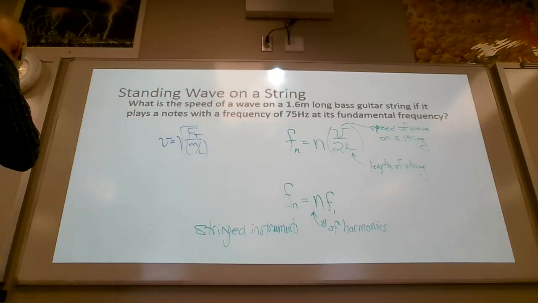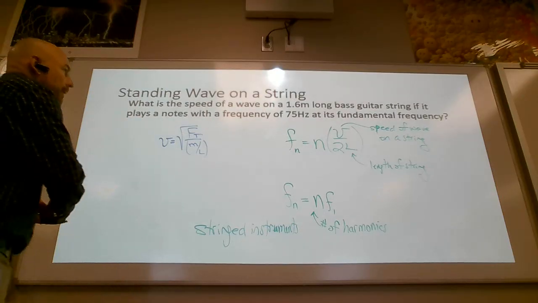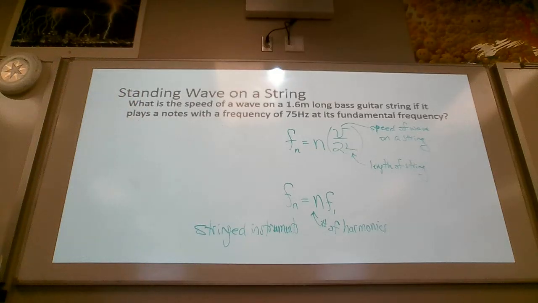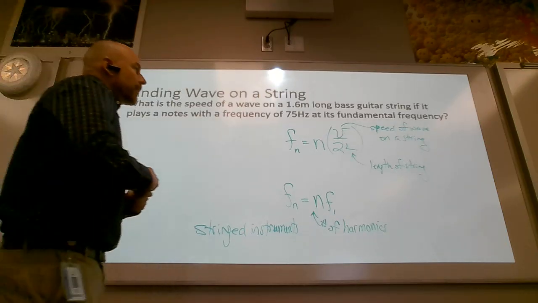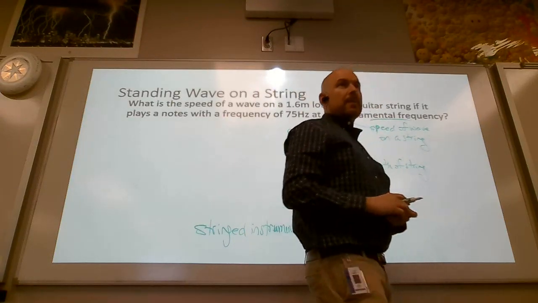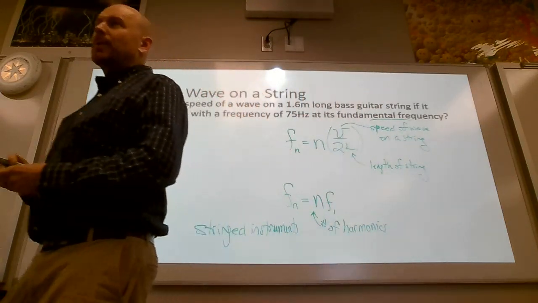Example problem here. What is the speed of a wave? A 1.6 meter long bass guitar plays a note with a frequency of 75 hertz at the fundamental frequency. Here's your vocab. Fundamental frequency means what in terms of this equation?